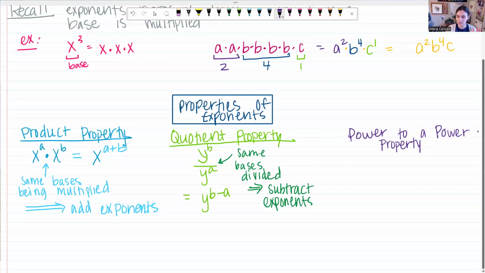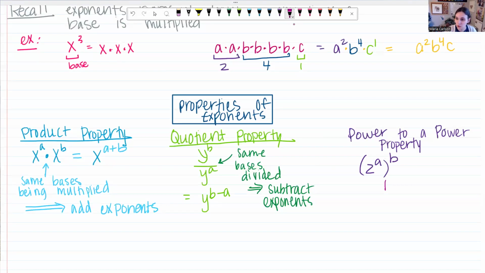And so what this tells me is that if I have some base, we'll do z for this one, z raised to some exponent, so z to the a power, and that entire term with an exponent is raised to another exponent, then I am going to multiply the powers.